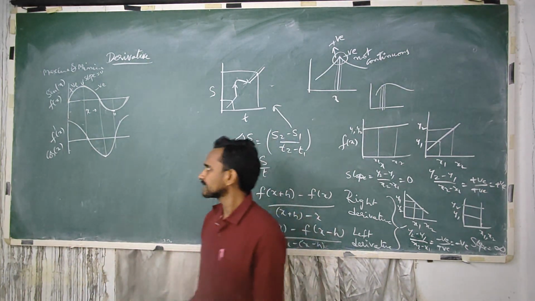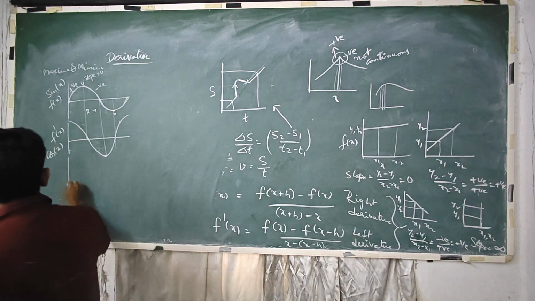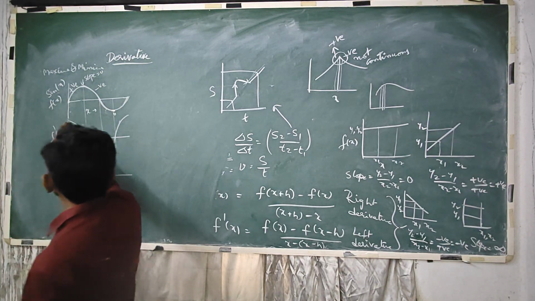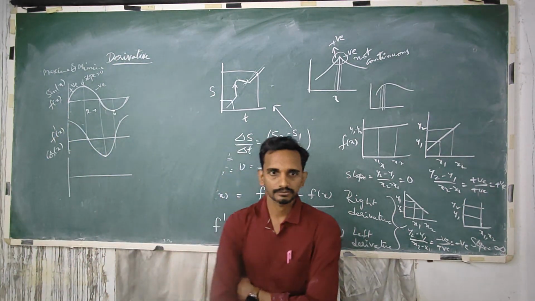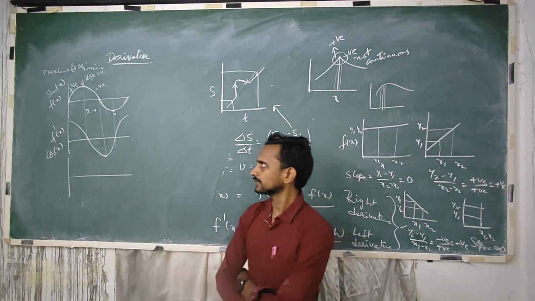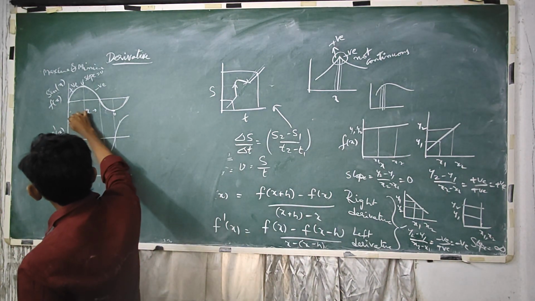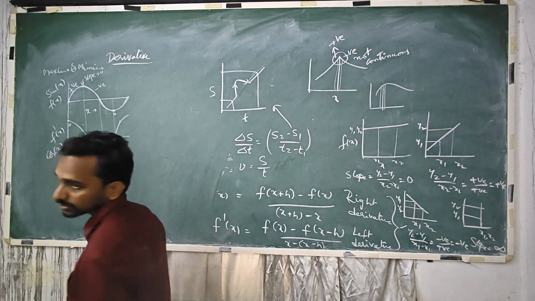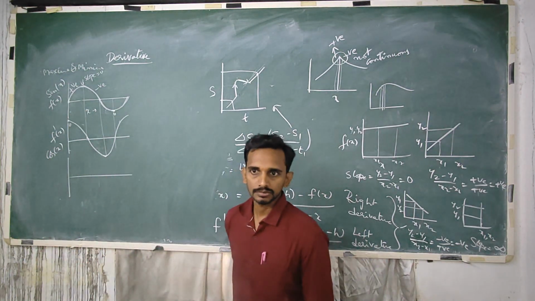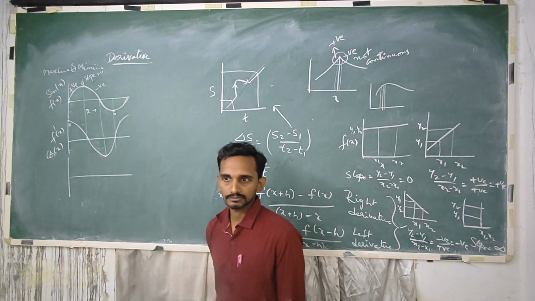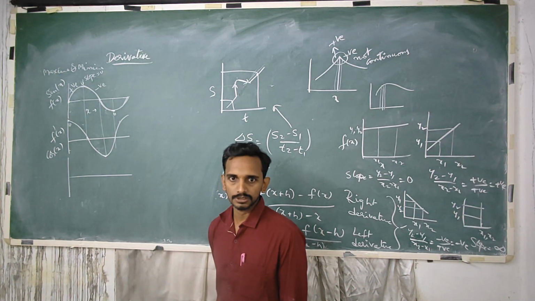And if I take the second derivative, I have to calculate the slope of this curve. So how is it varying? Here the slope is 0. Function is maximum, but slope is 0.